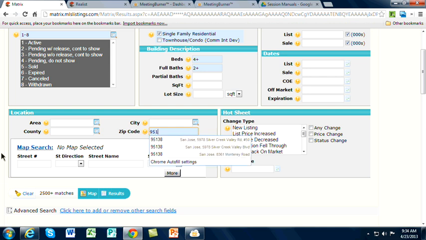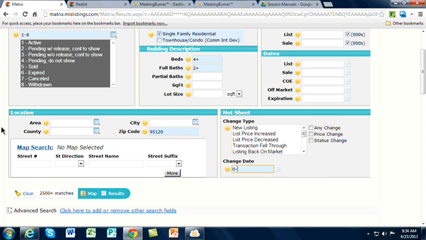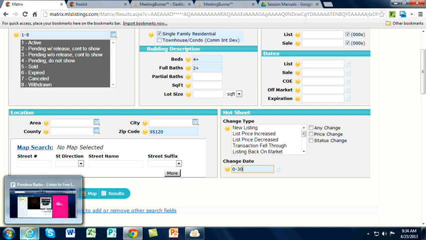So what I usually would do if I'm doing a CMA, I mean, I might just start with 95120 just to see, and over here, status change date, I would do 0 minus 30, and I'm doing this just to look at this number here. All right, it's 104, right? And I'm just looking at it. That's way too many for me to do anything with.